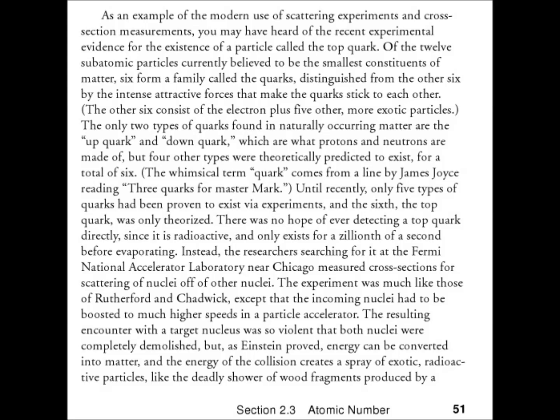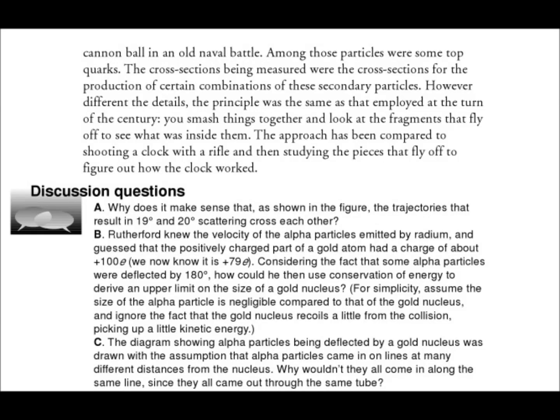But, as Einstein proved, energy can be converted into matter, and the energy of the collision creates a spray of exotic radioactive particles, like the deadly shower of wood fragments produced by a cannonball in an old naval battle. Among those particles were some top quarks. The cross-sections being measured were the cross-sections for the production of certain combinations of these secondary particles.